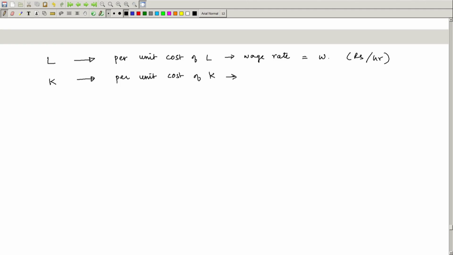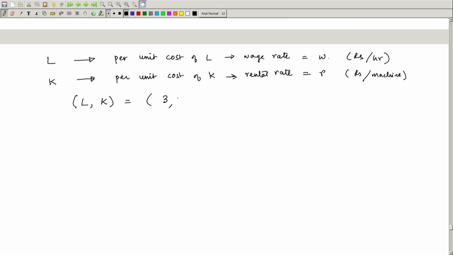You could think of this as the rental rate of capital, which is R, measured in rupees per machine, or rupees per unit of capital.